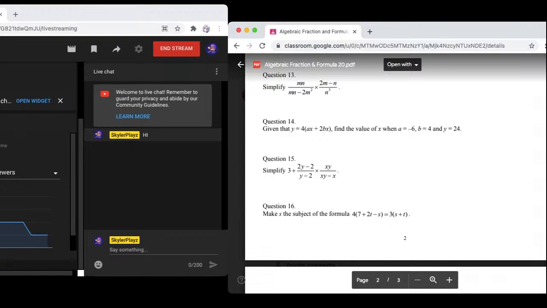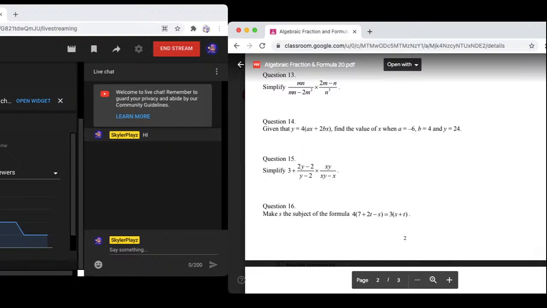Given that y is equal to 4 times ax plus 2bx and then substitute a lot of values. Just substitute the values and it's quite simple. When a is equal to negative 6, b is equal to 4, y is equal to 24.